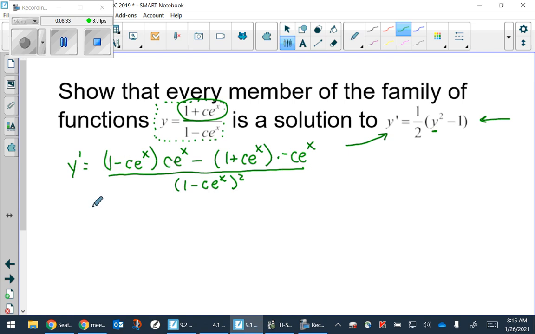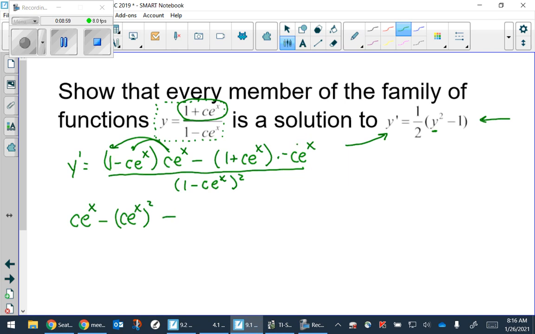I'm going to say that y prime, I'm going to distribute this guy. And I think we're going to get C e to the x minus (C e to the x) squared.